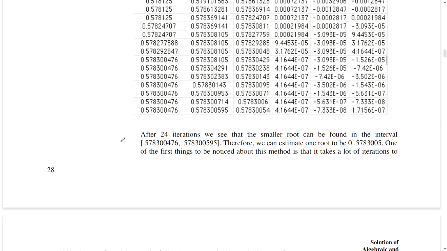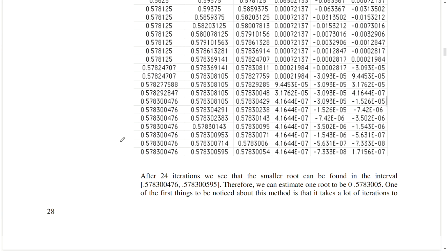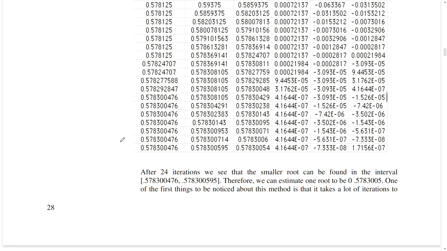After 24 iterations, we see that the smaller root can be found in the interval 0.578300476, 0.578300595. Therefore, we can estimate one root to be 0.5783005.